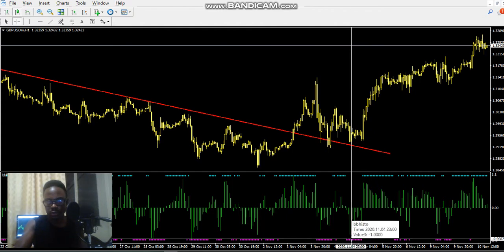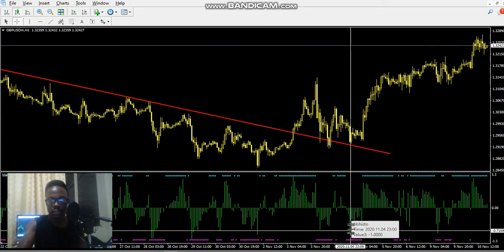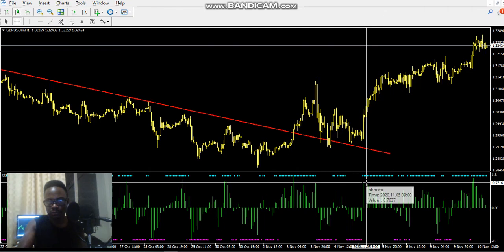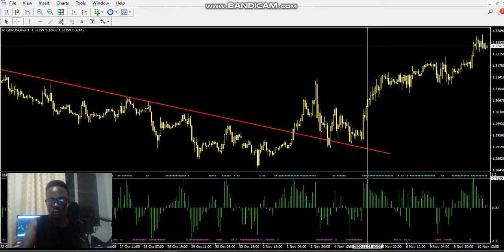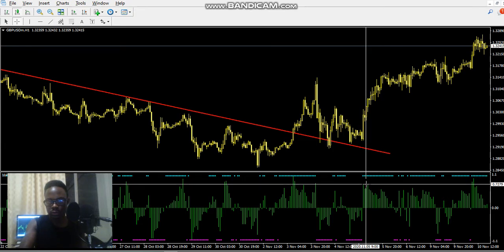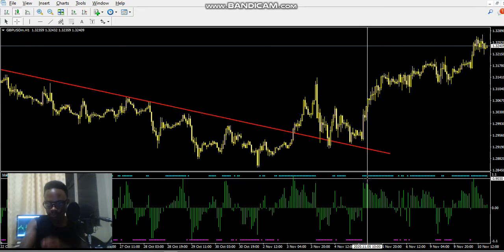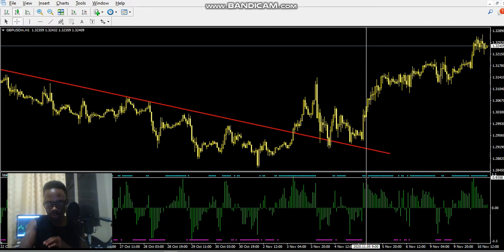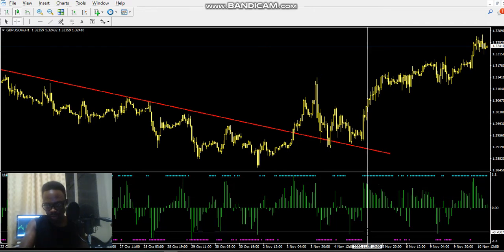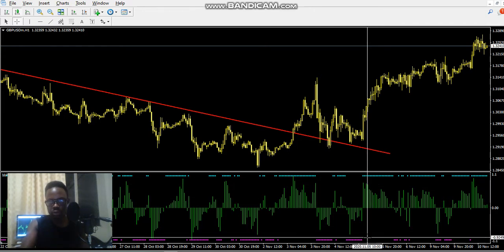This level is 0.9687. Always target that level, as well as this level on this horizontal crosshair line, 0.90 above, and below, 0.90 below.